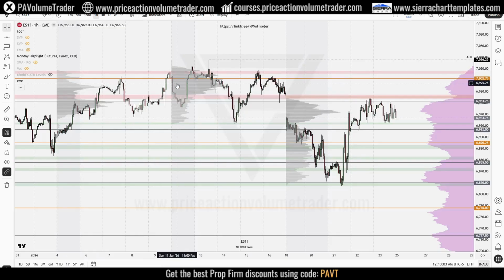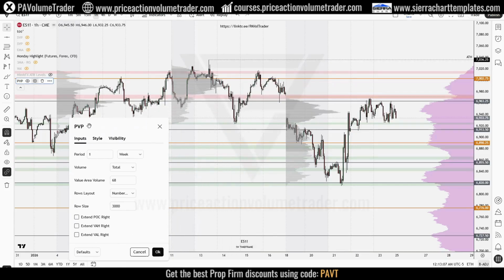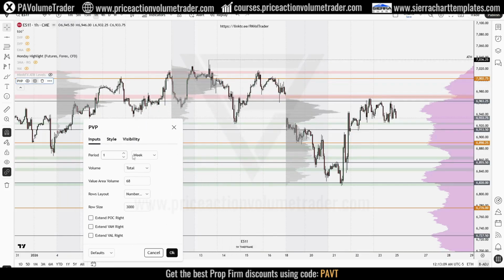So if I double click on it or I go here to the settings, you can see I have it set for a period of 1 week. Total volume again, value area 68, number of rows 3000. This is going to be pretty standard for all my volume profile indicators on TradingView. Always total volume, 3000 rows, 68% value area.